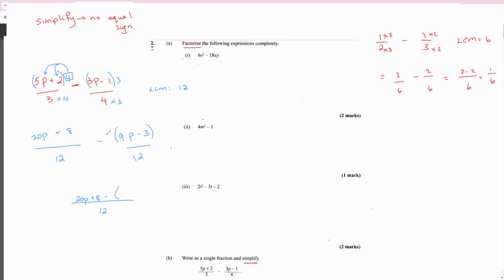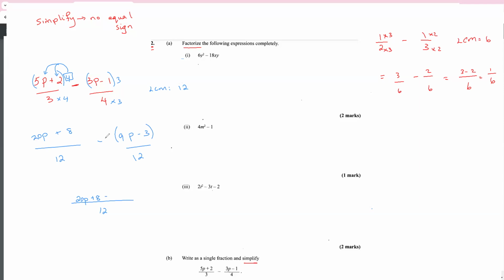minus, now look at this, it's minus all of them. So I have to open up this bracket here.